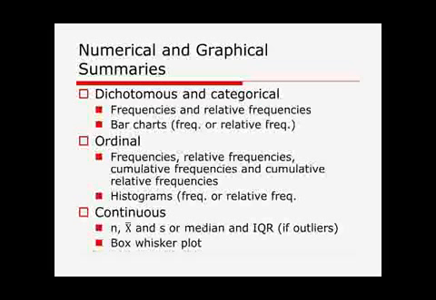If you have an ordinal variable, you can use a frequency distribution table with more detail: frequencies, relative frequencies, and then the cumulative values if you're interested. Histograms are appropriate for summarizing. For a continuous variable, you'd use the sample size, and either the sample mean and standard deviation, which go as a pair, or the median and the interquartile range. They would go as a pair if you have outliers.